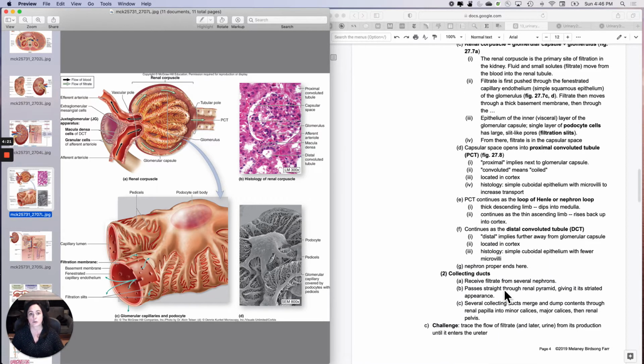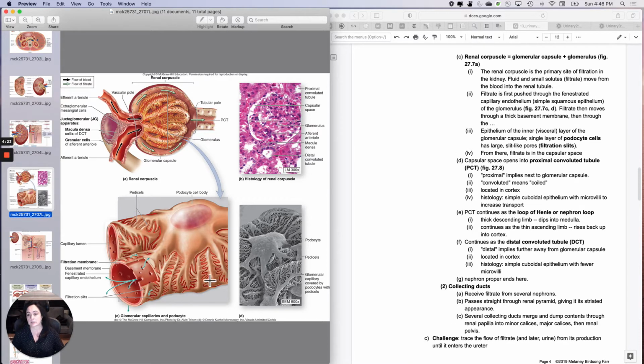Primary site of filtration in the kidney: fluid and small solutes get pushed from the blood into this space between the visceral and the parietal layer. They get pushed through the capillary and then through the filtration slits, and then they end up here.